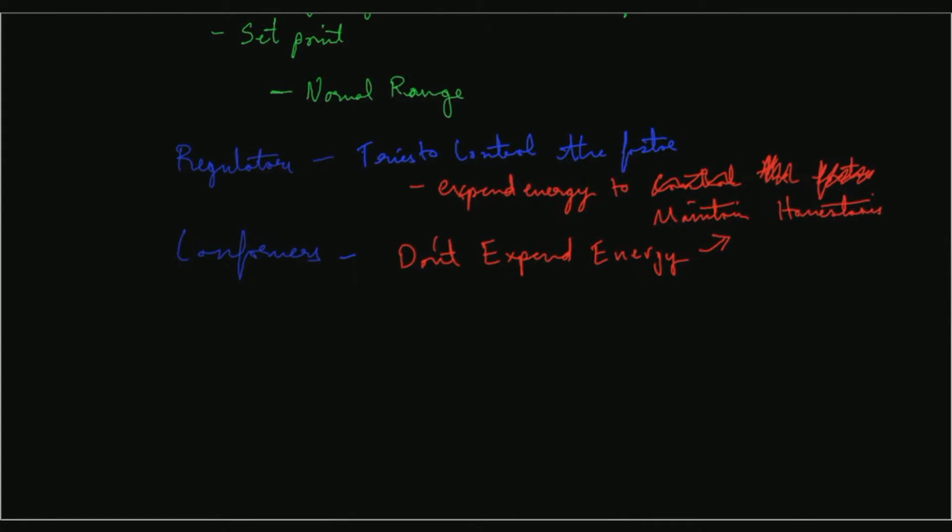Now one of the things with this is that not all animals fall into one category. There's a lot of mix and match. Some animals might be regulators for osmoregulation, for water and solute concentrations, but conformers for temperature, and the opposite goes for other animals.